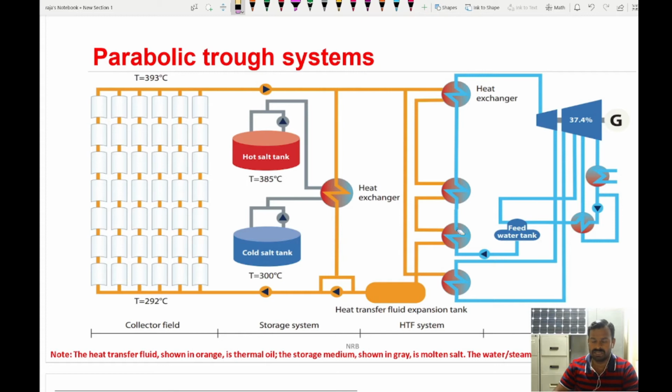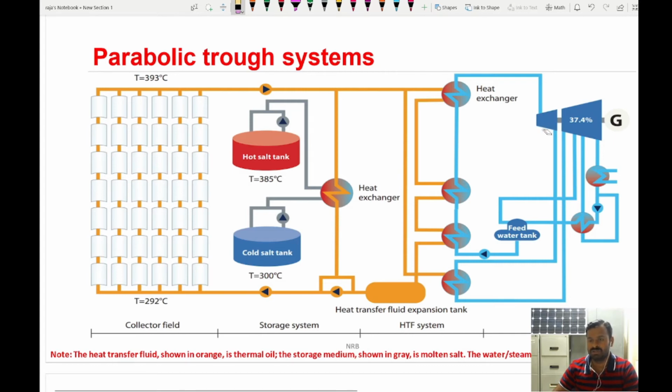These two are the preheating steps, and after preheating, the hot water goes to this heat exchanger. From here the hot water is converted into high pressure steam, and this high pressure steam will flow to the turbine here.